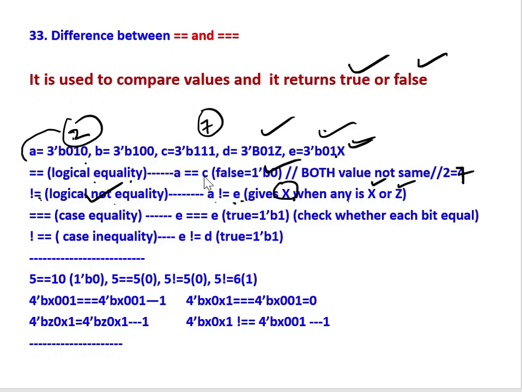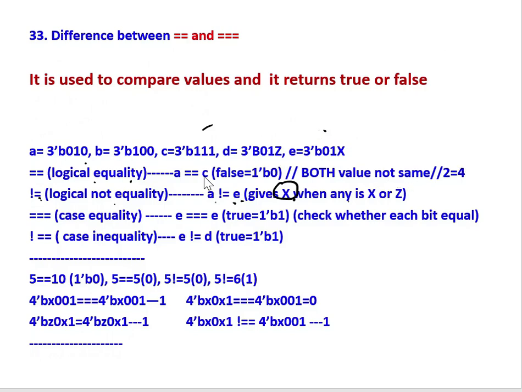The third one is called case equality. Double equal to is called logical equality, and this triple equal to is called case equality. In case equality, when all the bits are the same, it will give you 1.